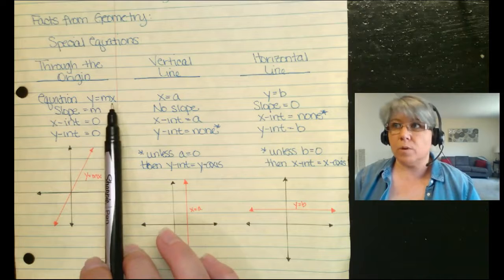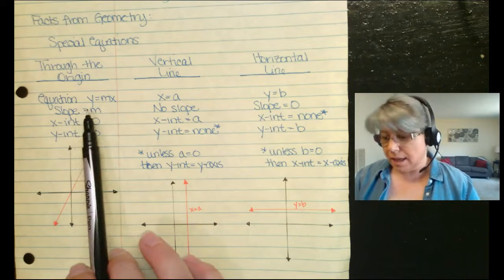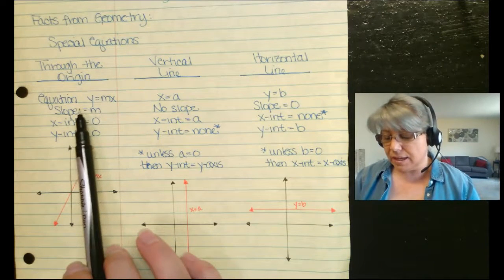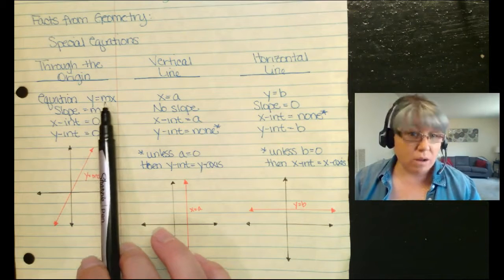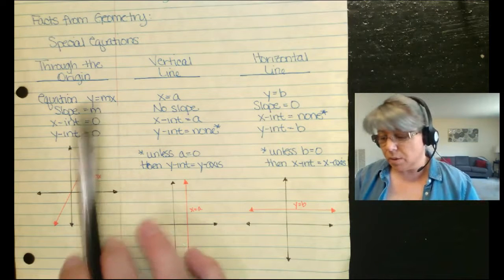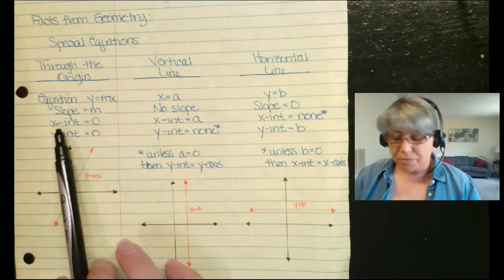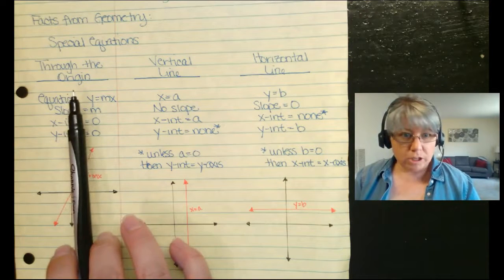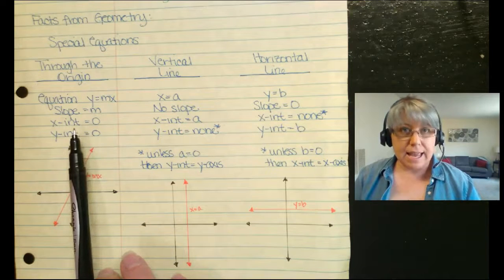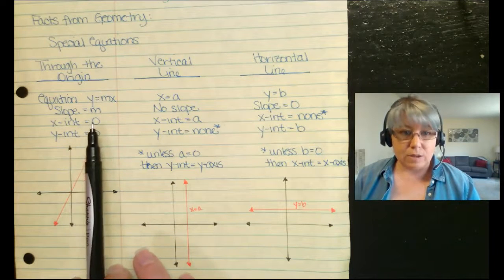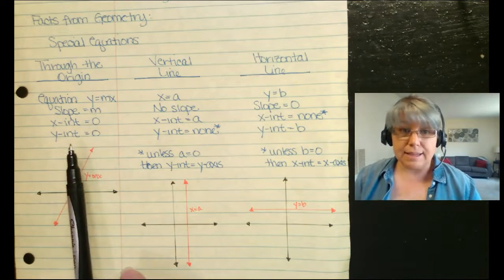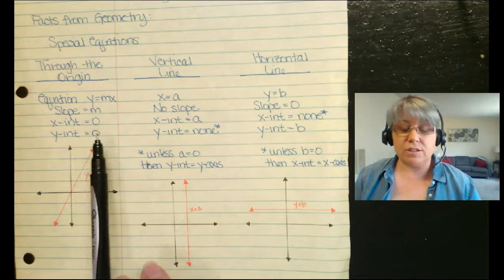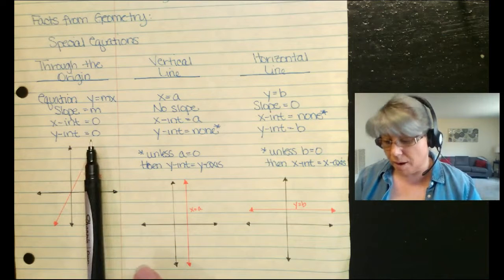In standard form, that would be negative mx plus y equals 0. But our equation is y equals mx. The slope is m, and because it's going through our origin, it crosses the x-axis at 0, and it crosses the y-axis at 0, so the x-intercept is 0 and the y-intercept is 0.